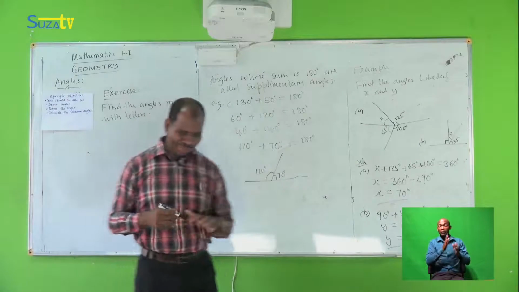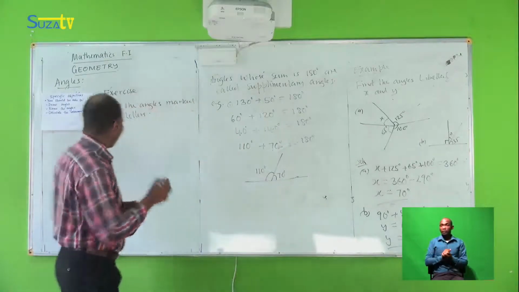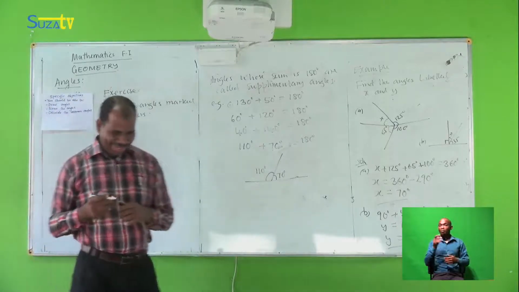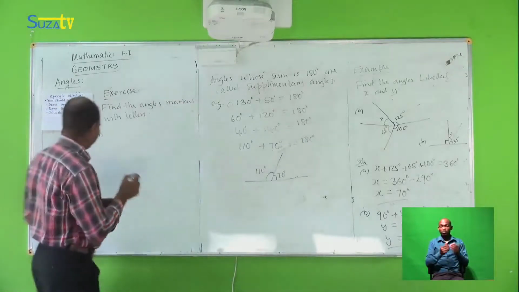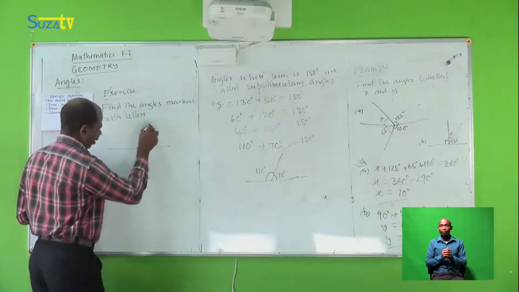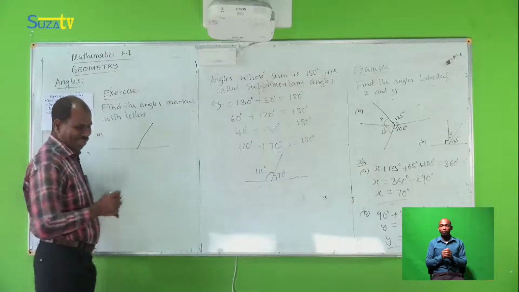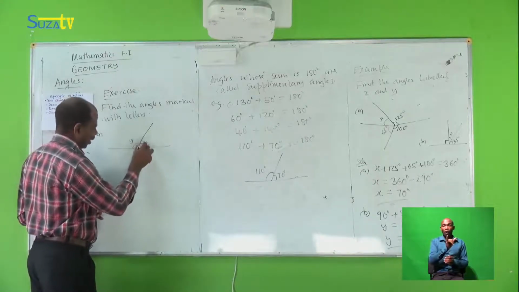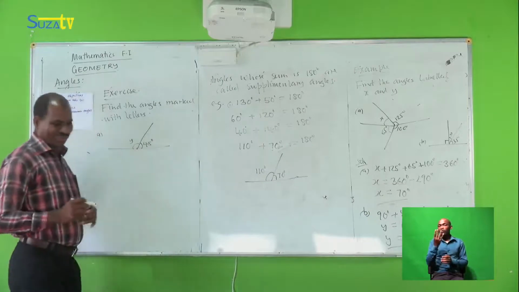I have only 4 questions. Don't worry. Number A. Very simple. This one, and this one, and here angle Y, and this is 40, 45.